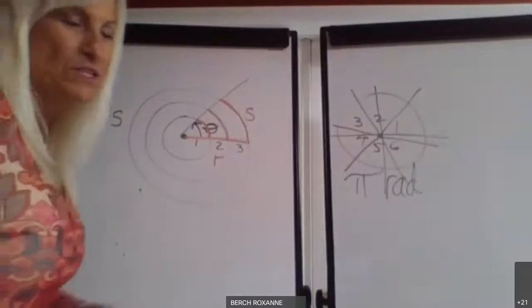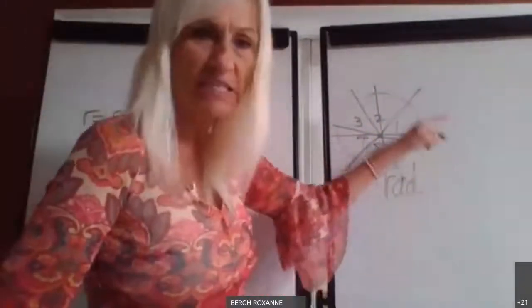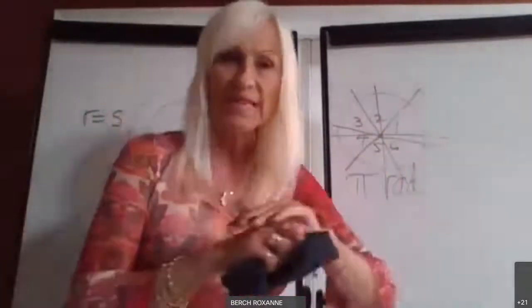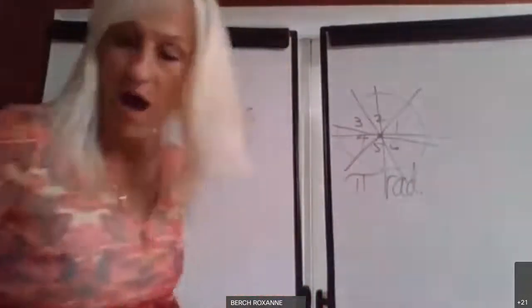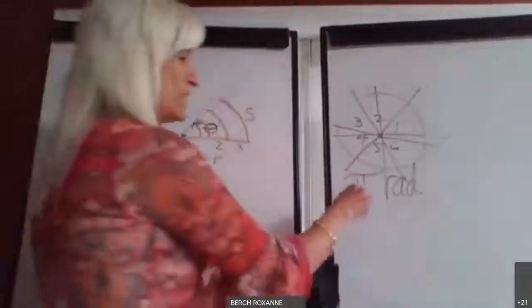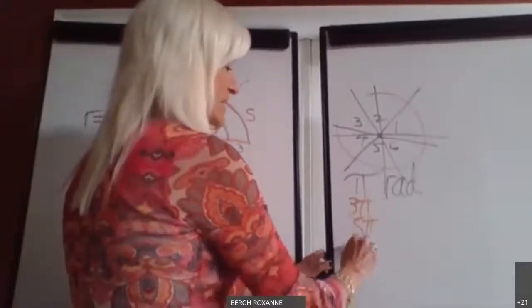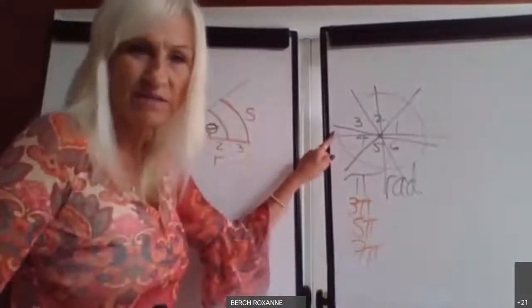So if you did another revolution, it'd be 3 pi radians, 4 pi radians, 5 pi radians, 6 pi radians, 7 pi radians. So we're going to use that as a landmark: all of the odd ones, pi, 3 pi, 5 pi, 7 pi radians are going to be over here.